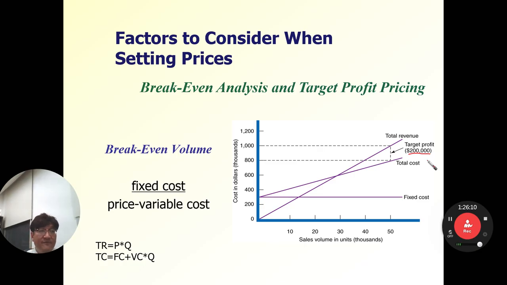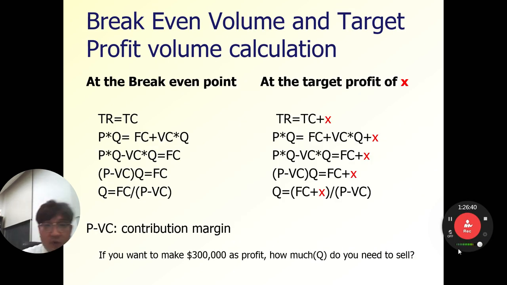If we need to calculate the target profit quantity of 200,000, the question is: if you want to make 200,000 as a profit, how many units do you need to sell? If the question is like that, then you need to do the target profit calculation. But the target profit calculation is not quite different from the break-even point calculation.